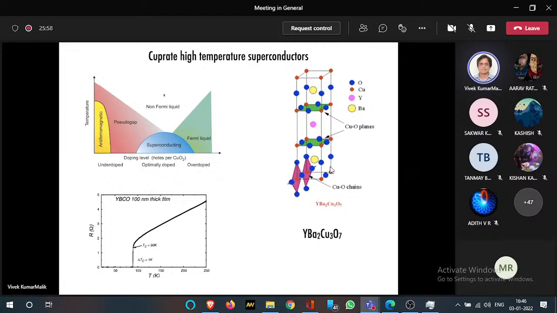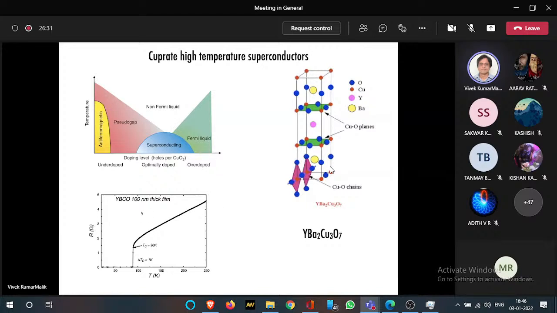There is something called the phase diagram of the cuprates, with regions called underdoped, optimally doped, and overdoped. The underdoped region also has features like something called the pseudogap, which I will not discuss here. In the normal state, it is not a normal metal. Of course, in the undoped part it's an insulator, but when you dope the copper oxide planes, it becomes metallic. As we can see, as temperature decreases, resistance also decreases.